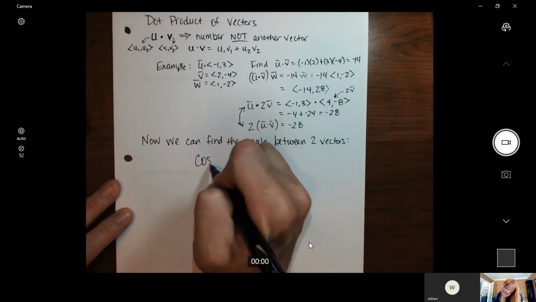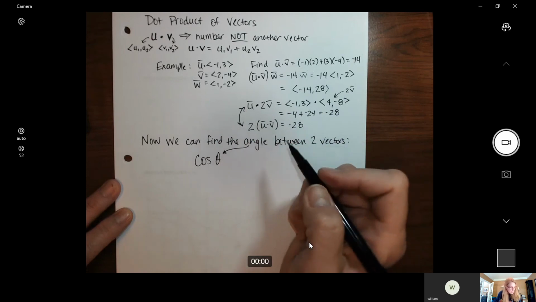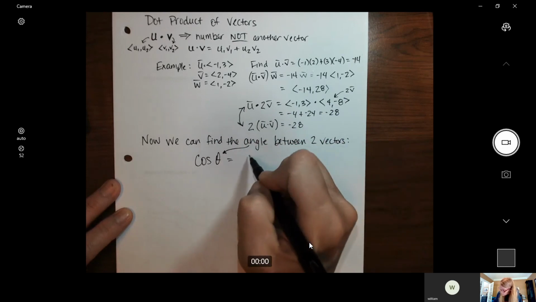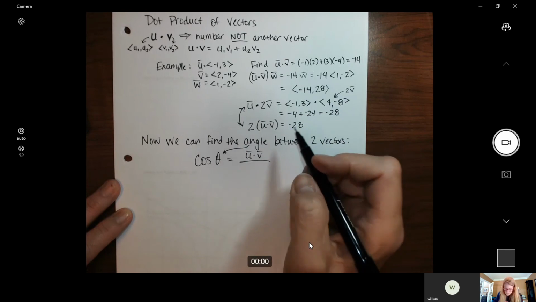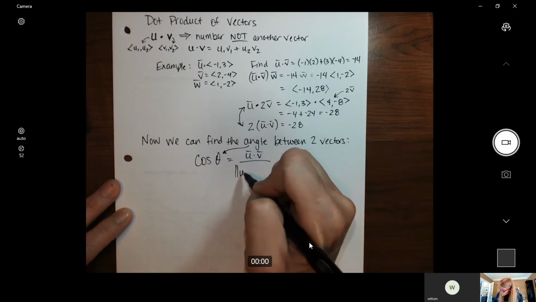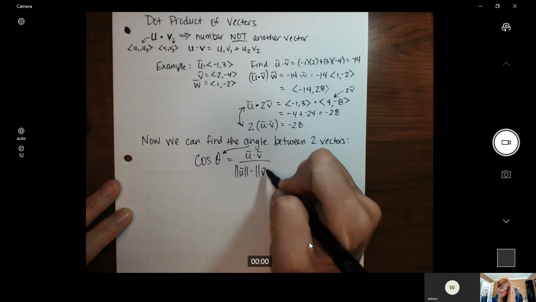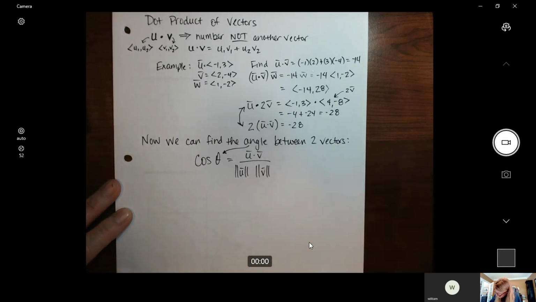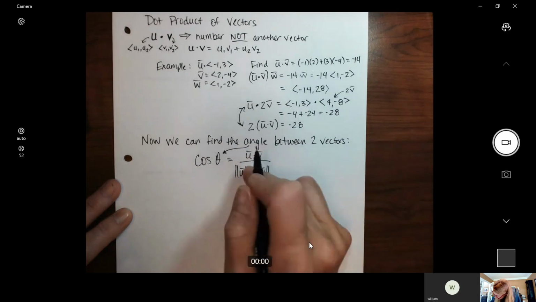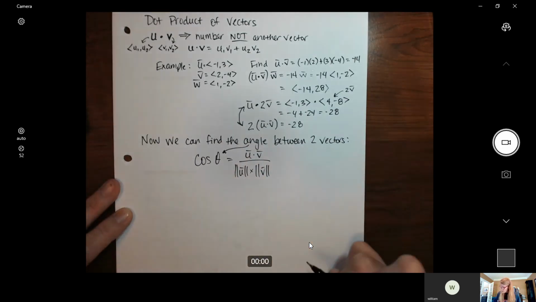So cosine of theta, and theta is the angle between two vectors, is equal to the dot product of the vectors divided by the magnitude of each of those vectors multiplied. I'm going to get rid of that dot in here. It's not a dot. I don't want you to think this is another dot product. It's just the magnitude of u times the magnitude of v.